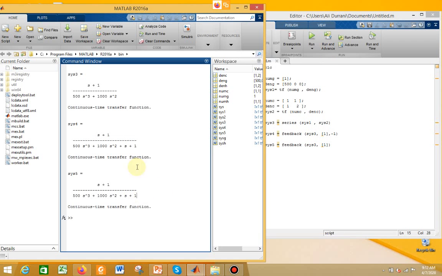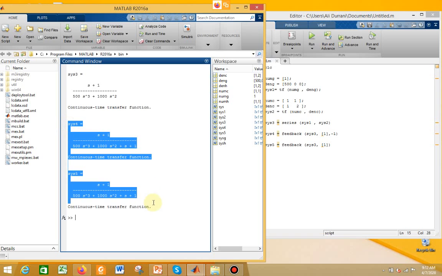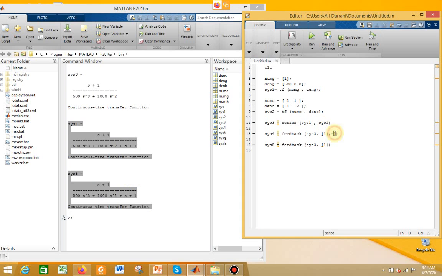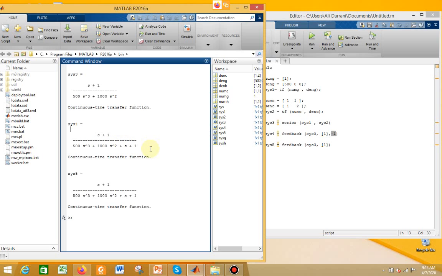So I have executed this code, and now you can see that system 4 and system 5 both have similar values. So if you add a -1, or if you just skip that -1 in the end for a negative feedback, it won't affect your output or your result.